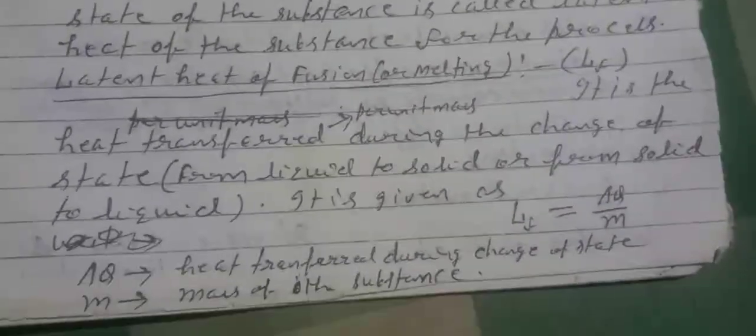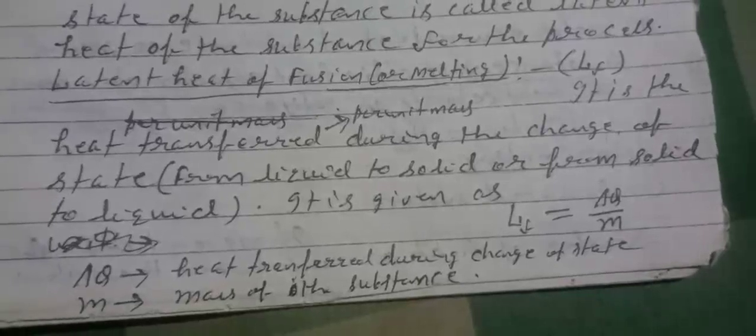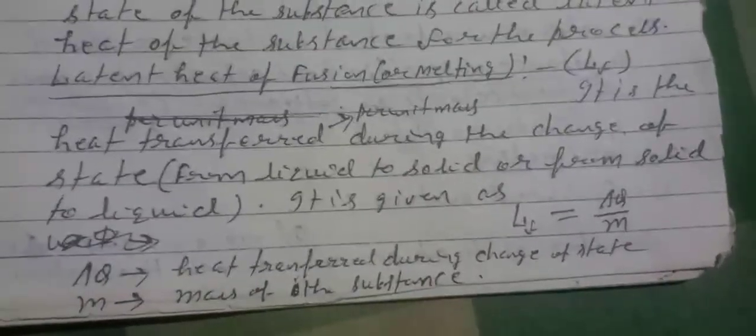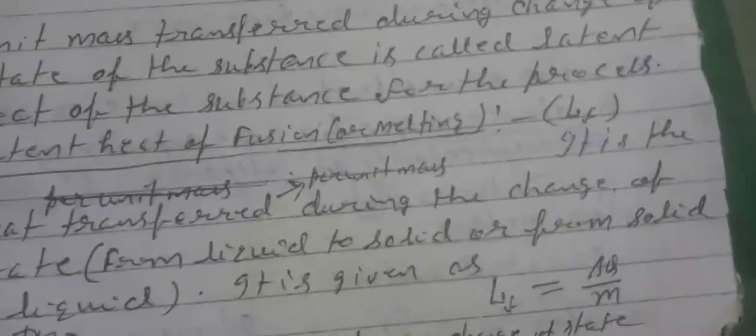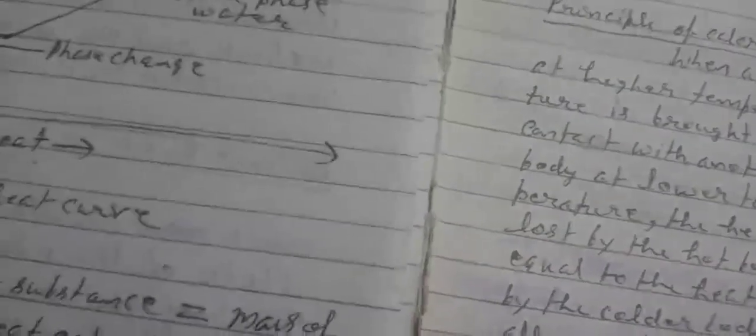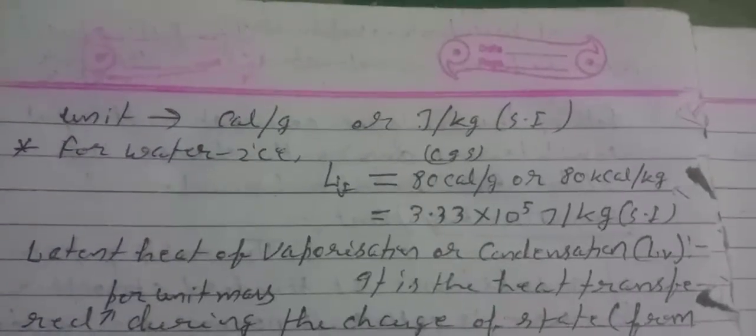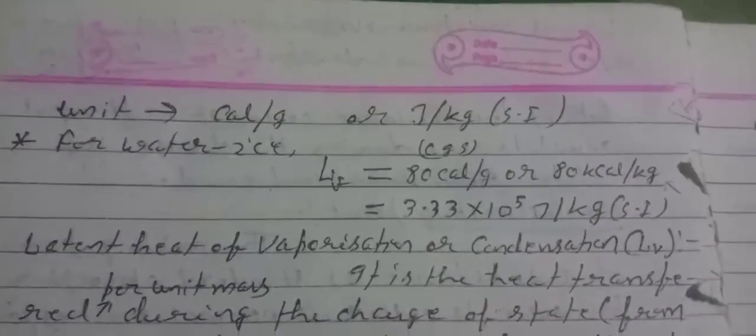It is given by LF = ΔQ/m, where ΔQ is the heat transferred during change of state and m is the mass of the substance. Unit is calorie per gram, or joule per kg in SI.